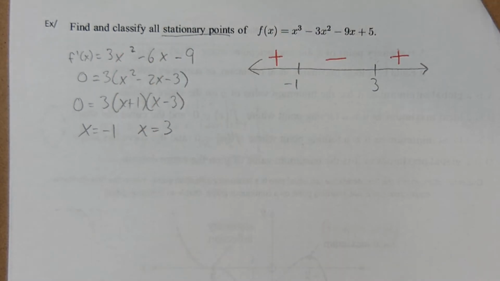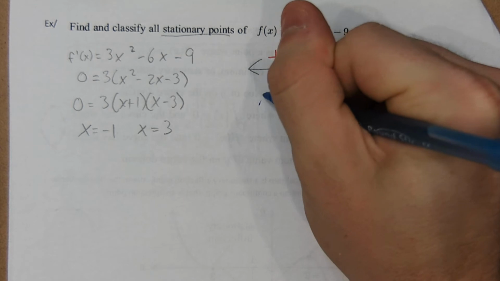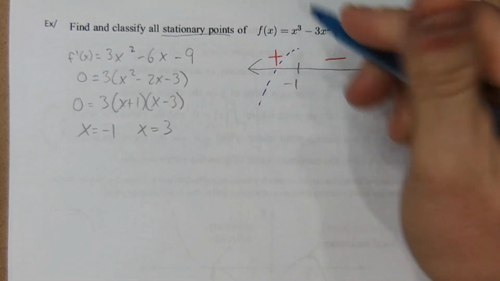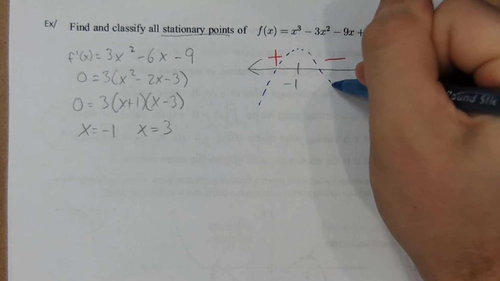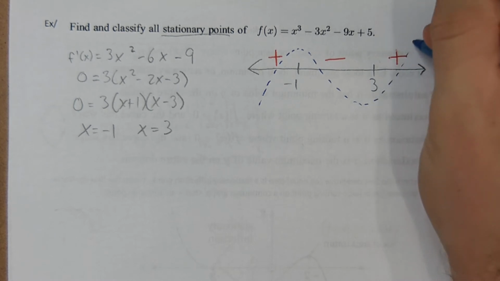So just to help you out with what's going on in the sign diagram, hopefully you'll start to see things like this happening in your head. To the left of this number, I have positive slopes. It flattens out. Then to the right of this number, I have negative slopes until it flattens out. And then I have positive slopes again.